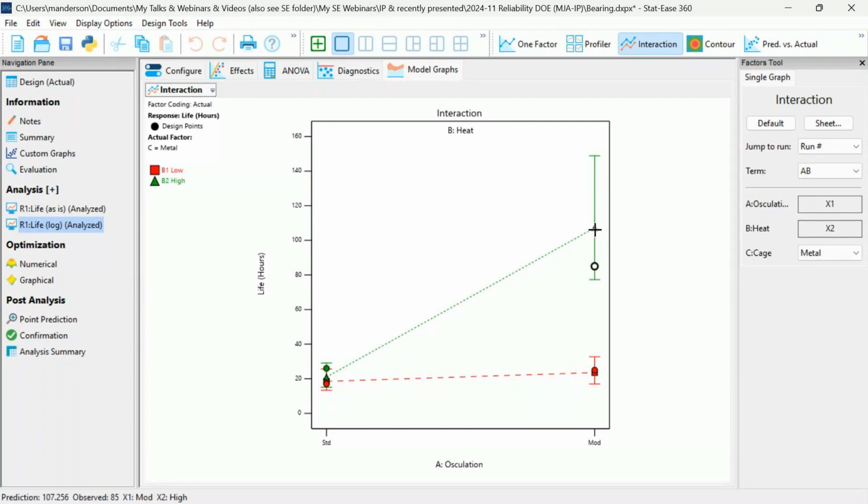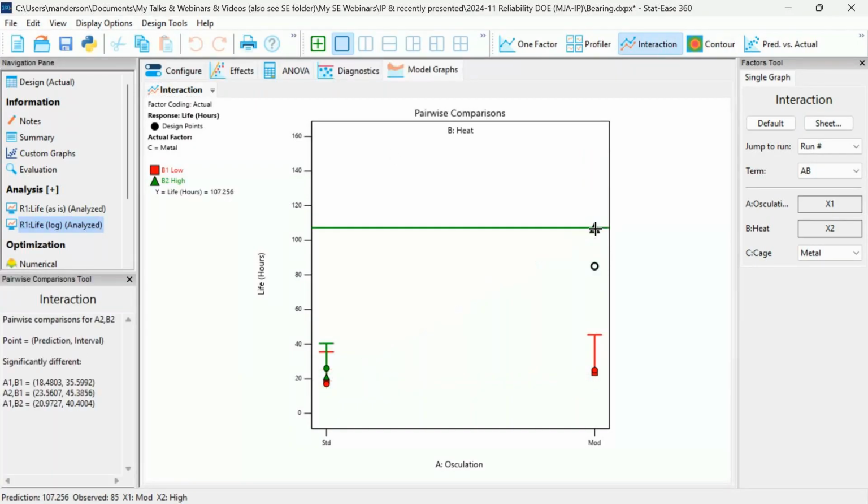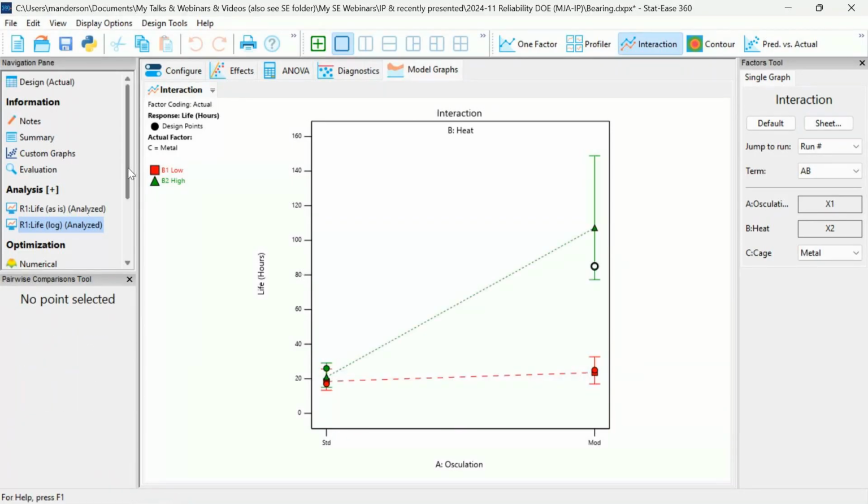And you can see now that the LSD bar, least significant difference bar, will increase because the variability goes up as the level goes up, hence the use of the log transform. And therefore, we would expect to see a fairly broad range, at this ideal condition up here in the life.